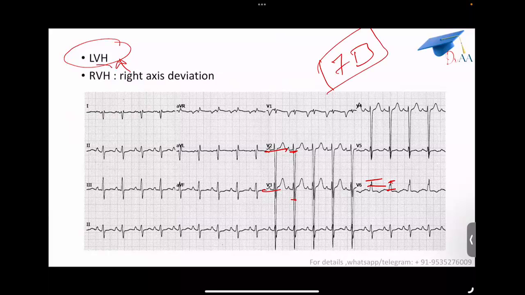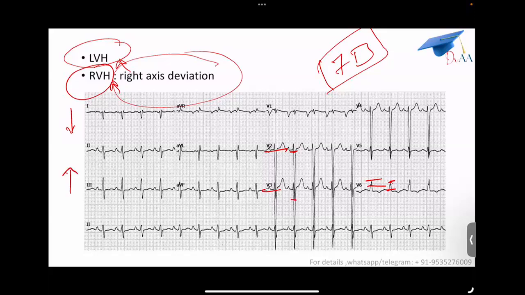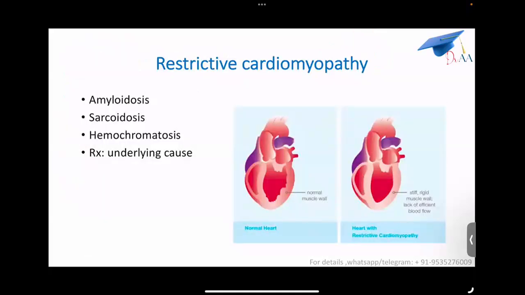Along with it, if it is a progressive disease in a later stage, there might be right ventricular hypertrophy also, which is diagnosed with a right axis deviation. That is, lead 1 is negative, lead 3 is positive, both are pointing towards each other like a married couple. So it is a right ventricular hypertrophy.